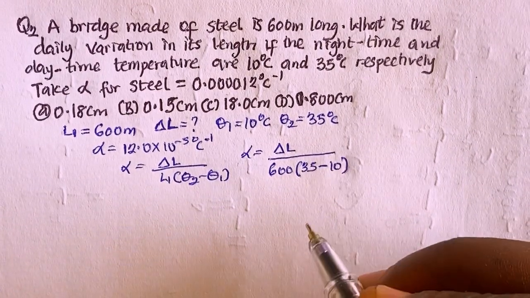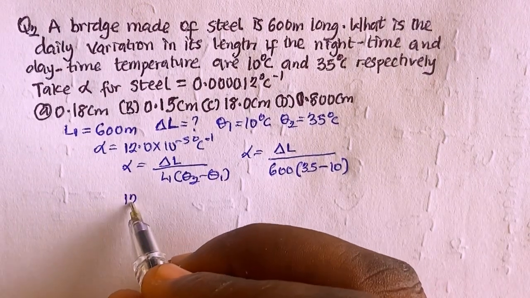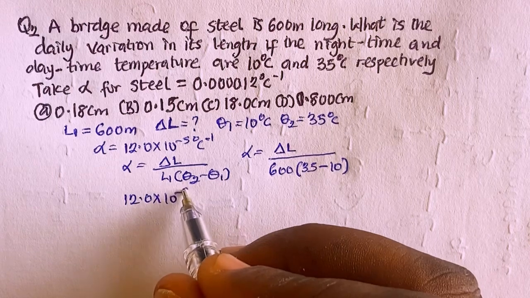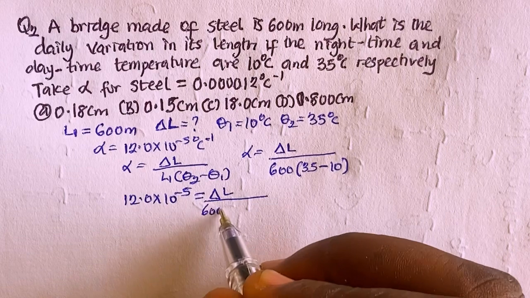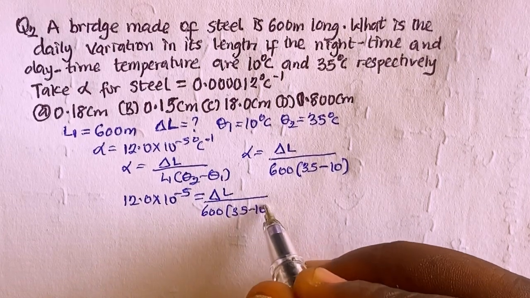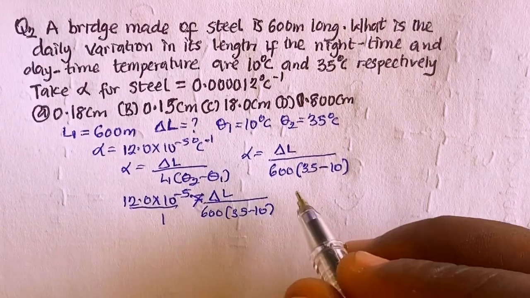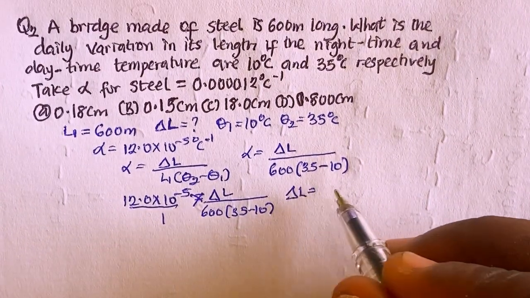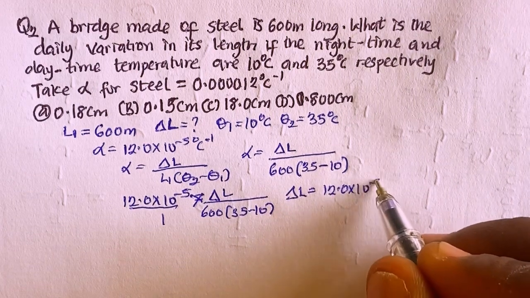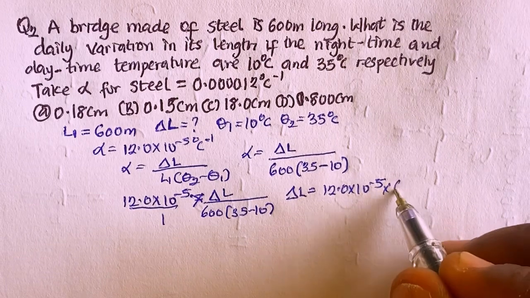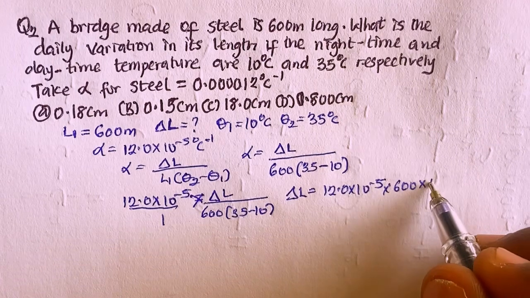Right? So the next thing I'm going to do is, since my alpha is typically 12.0 times 10 raised to power minus 5, which equals delta L divided by 600 into brackets 35 minus 10. So if I make the variation in length the subject, I'm going to have delta L equal to 12.0 times 10 raised to power minus 5, then multiply by 600, multiply by 35 minus 10, that should give me 25.